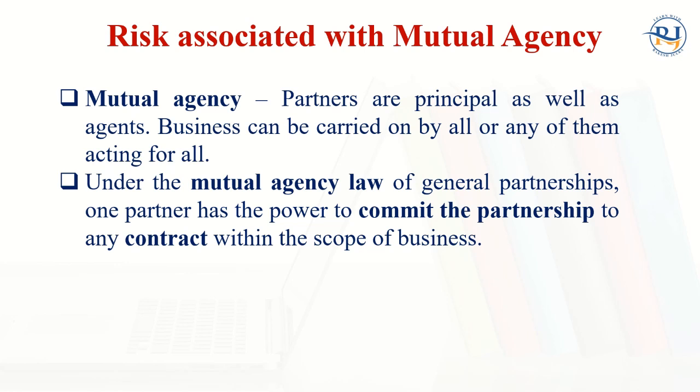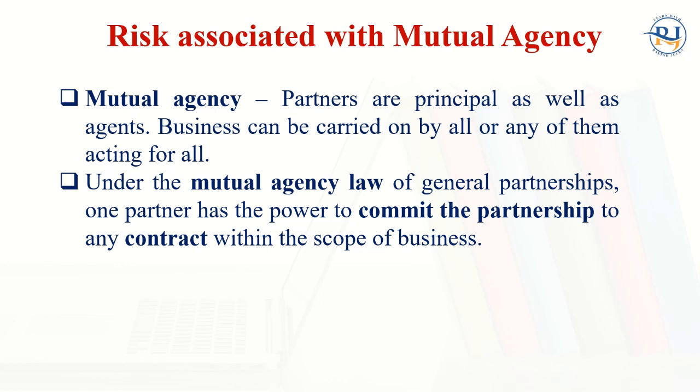They make orders and give directions to each other according to the requirement and need of the business. Under the mutual agency law of general partnership, one partner has the power to commit the partnership to any contract within the scope of the business.